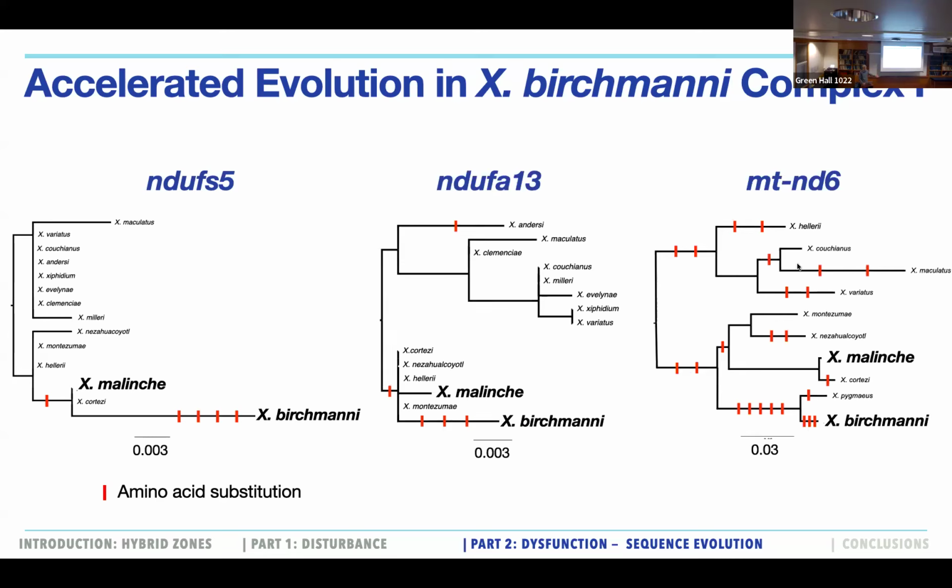You see there are higher substitution rates in the mitochondrial DNA in general, but still this was a significant acceleration on the birchmanni branch of evolution. Substitutions are the basic currency of these incompatibilities appearing, so it's nice to see a ton of substitutions here that could be driving differences in function and protein-protein interactions.